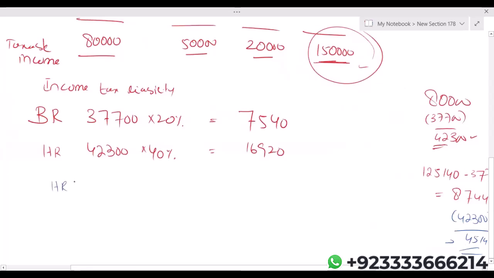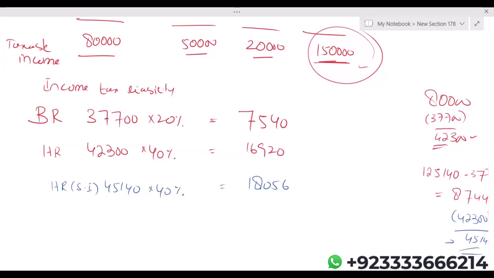Higher rate, this time saving income: 45,140, applicable tax rate is 40%, giving 18,056. So now higher rate band is completed.